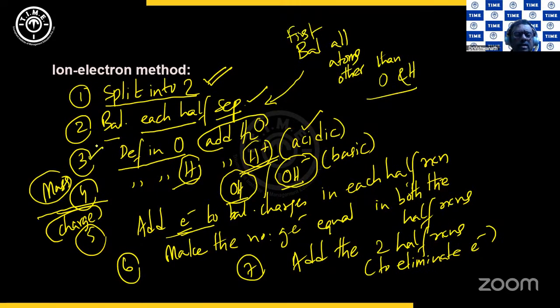Then start balancing the oxygen, then the hydrogen, and then add electrons, equate the charges, make the number of electrons also equal, and then finally add up the two half reactions to eliminate the electrons. That is the end of this method, right? All these will be put to use when we are doing the real question. Clear?